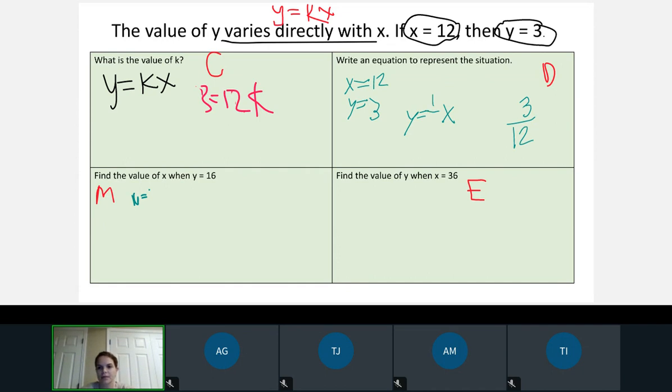What would my next step be? What do you think? What's the opposite of multiplying by 12? Yeah, good. Divide. So let's divide by 12 on both sides.